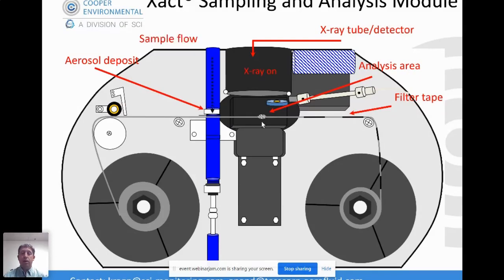So what you have is a continuous sampling and analysis cycle that will go on continuously until you have to change the filter tape. In hour-long sampling mode, your typical filter tape change-out period is about a month. So the instrument, in most situations, will run for a month essentially unattended and give you data for that entire month's time period.